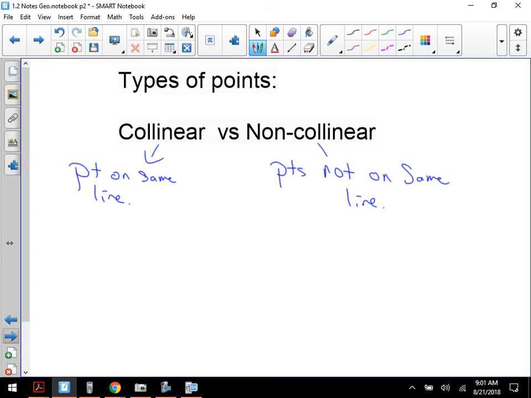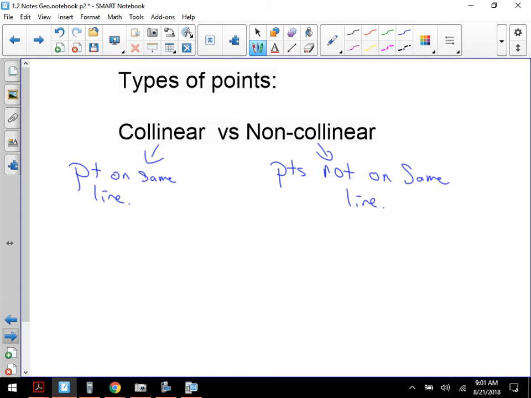The reason we talk about these is because as we get into tomorrow and Thursday and Friday, we're going to be talking more and more about collinear points. And collinear points allow us to do some very, very simple things.